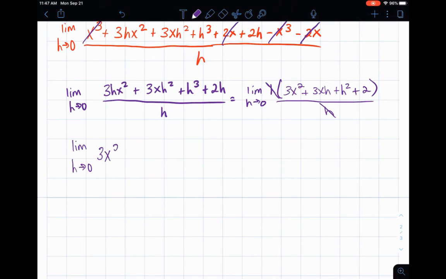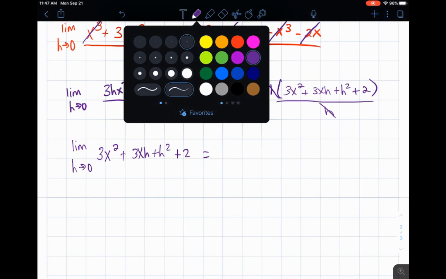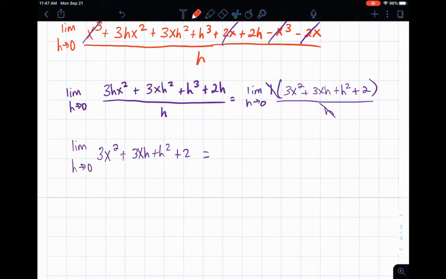We have 3x squared plus 3xh plus h squared plus 2. So when we plug 0 in, what happens to the middle two terms? They're going to go to 0, so they're not going to really exist anymore. So we're going to be left with 3x squared plus 2.